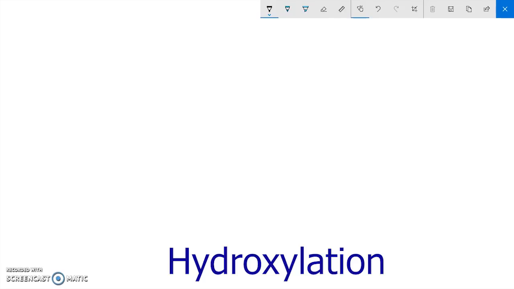The second reaction that we're going to look at is the hydroxylation. This reaction is also similar to the addition reaction, which involves the symmetrical and also the asymmetrical reagent. So if we have an alkene, C double bond C, reacted with a cold potassium permanganate in acidified medium, this reaction will break down the pi bond of the alkene and transform it into a single bond.